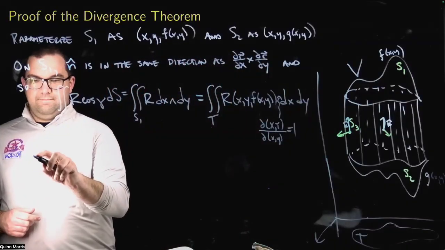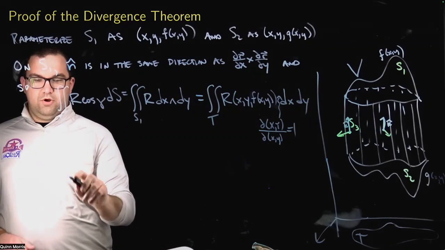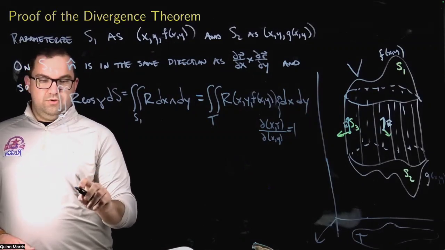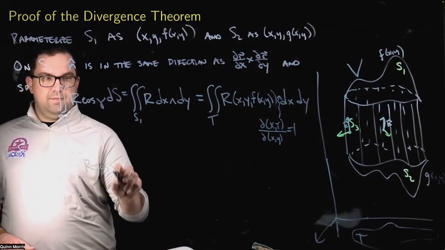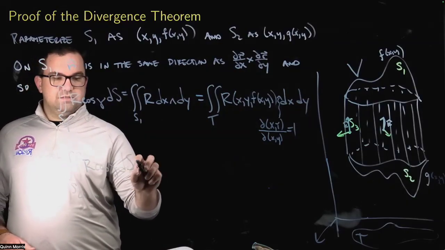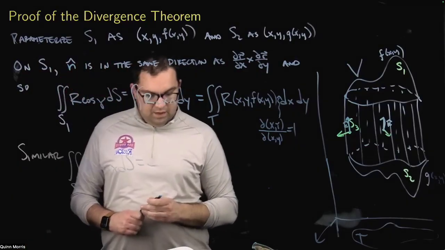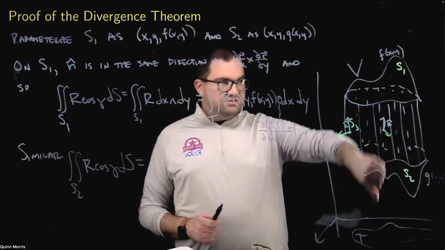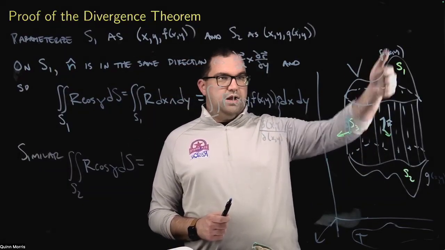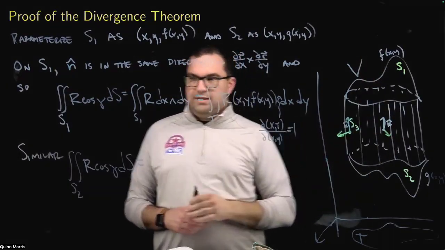Similarly, if you make a similar argument over S2, you get the integral over S2 of R cosine gamma ds. Now here we need to be careful because we're going to pick up a negative sign. Before, the normal was pointing up. Now the normal is going to be pointing down.